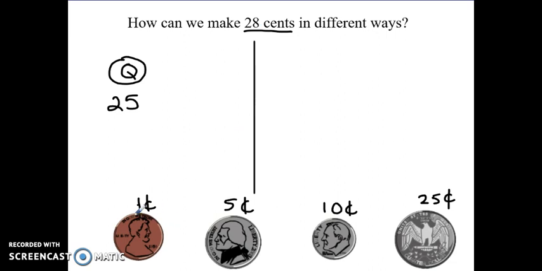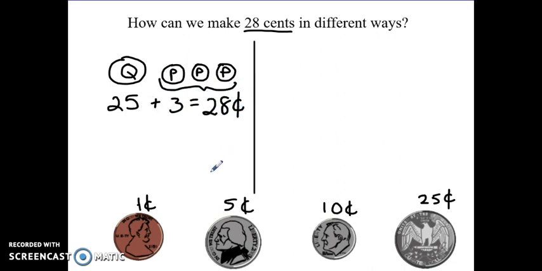So I can do that by adding 3 pennies. There's 1, 2, 3. So that would give me my quarter, which is 25 cents, plus my 3 pennies, which would equal 28 cents. So that is one way to make 28 cents.